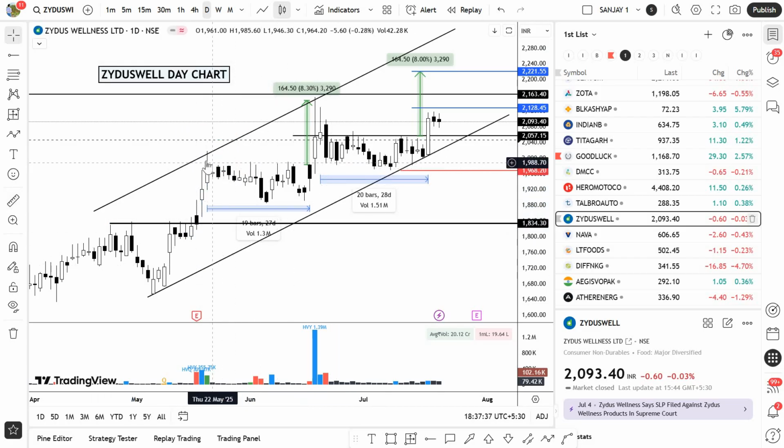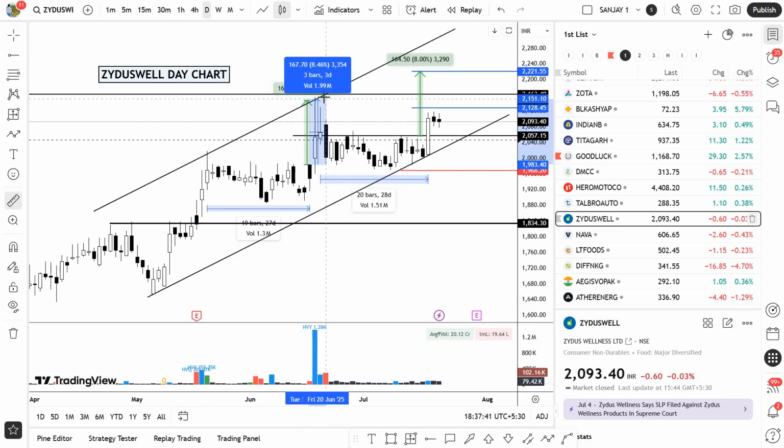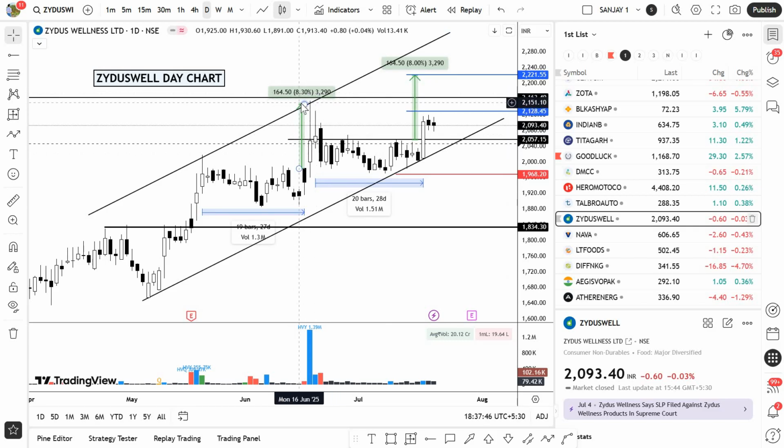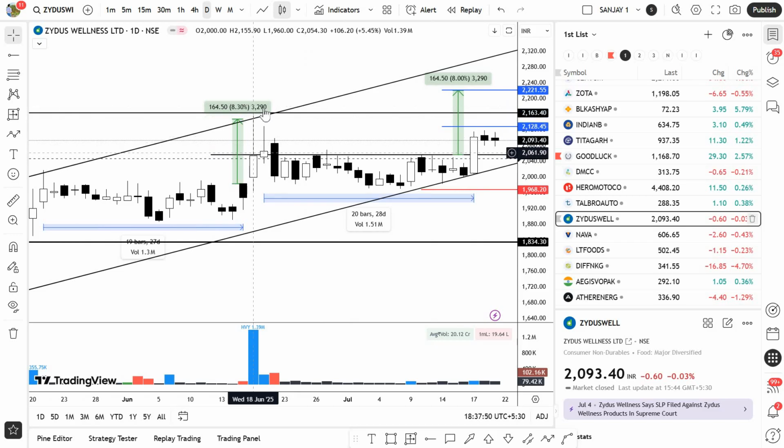It started to form another range from here to here, then it gave you another 9% move. It encountered this channel resistance, and on the same day the candle is brutally down. The closing is very bad and the wick is very big.